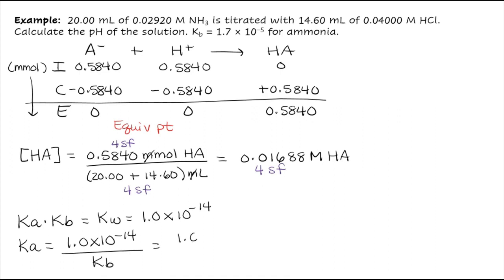So that will be 1.0 times 10 to the negative 14 divided by 1.7 times 10 to the negative 5. Both values have 2 sig figs, so our calculated Ka will also have 2 sig figs. Doing the math gives us a Ka of 5.9 times 10 to the negative 10.